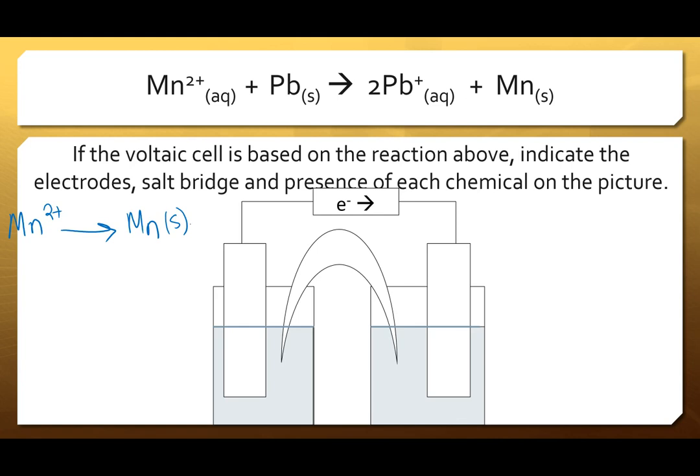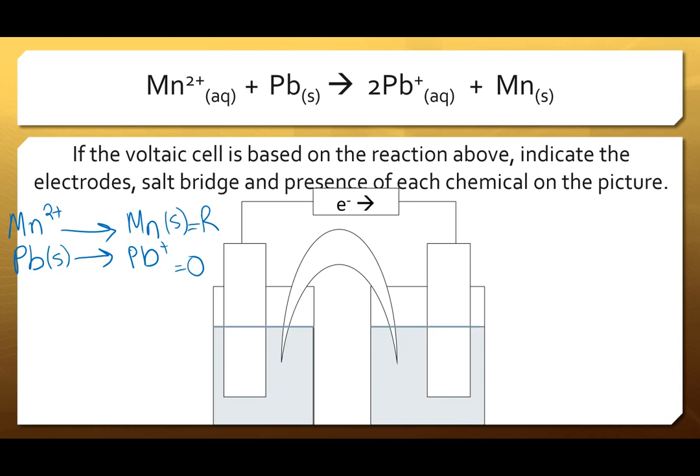That's going to be our reduction. Okay. And then we see that we've got lead as a solid is going to become lead as an ion. So we're going to go from a 0 to a +1. That number gets bigger. So that's going to be our oxidation.